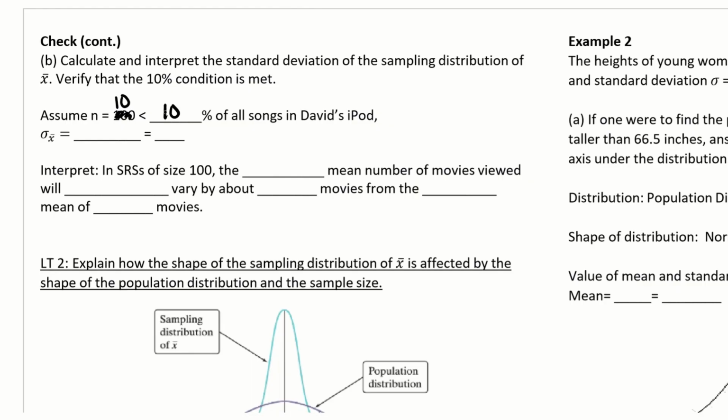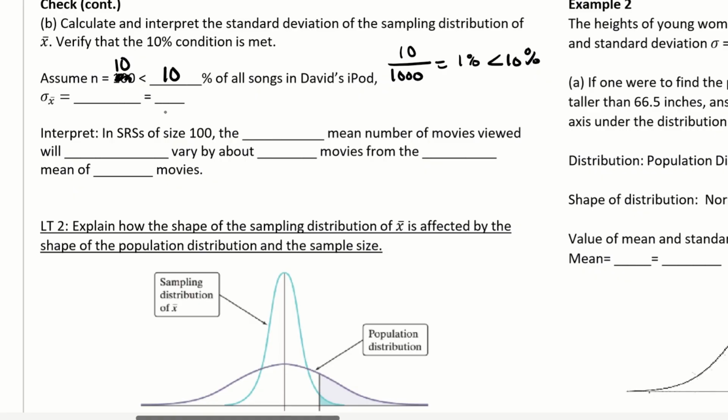But we can actually calculate this, right? So 10 out of 1,000, notice, is equal to 1%, which is less than 10%. All right, so that's true. So that checks it. And now sigma x bar is sigma over square root of n, so it's 60, or yeah, 60 was the sigma.